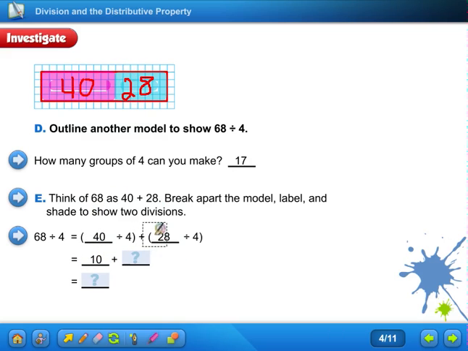And 28 divided by 4 was, how many did we go across there? 7. So 10 plus 7 is 17. So 68 divided by 4 equals 17.